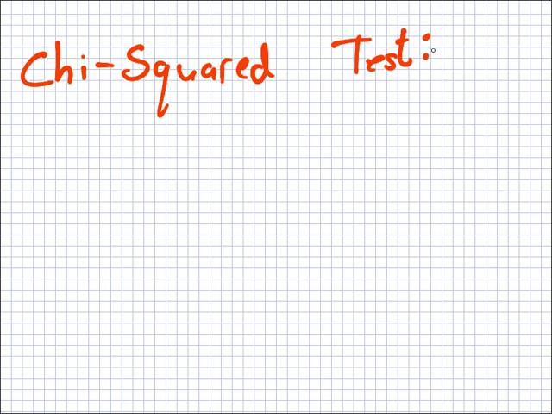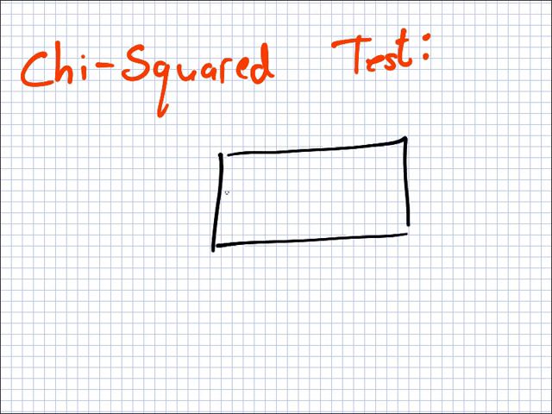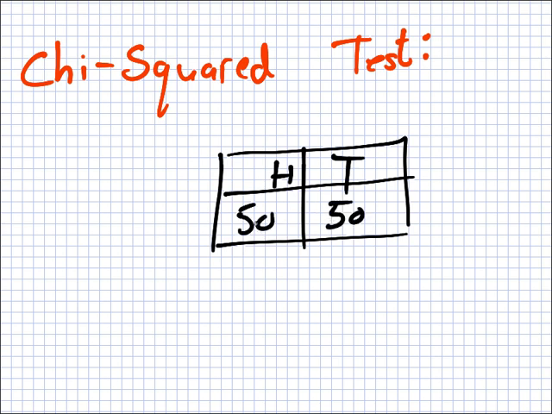So I'll give you a very, very simple example. Imagine you were to flip a coin 100 times. Let's say we have heads, and let's say we have tails, and let's say we get 50-50. Now that's exactly what you expected, isn't it? So if your hypothesis was that the coin is fair, do we reject or not reject that?